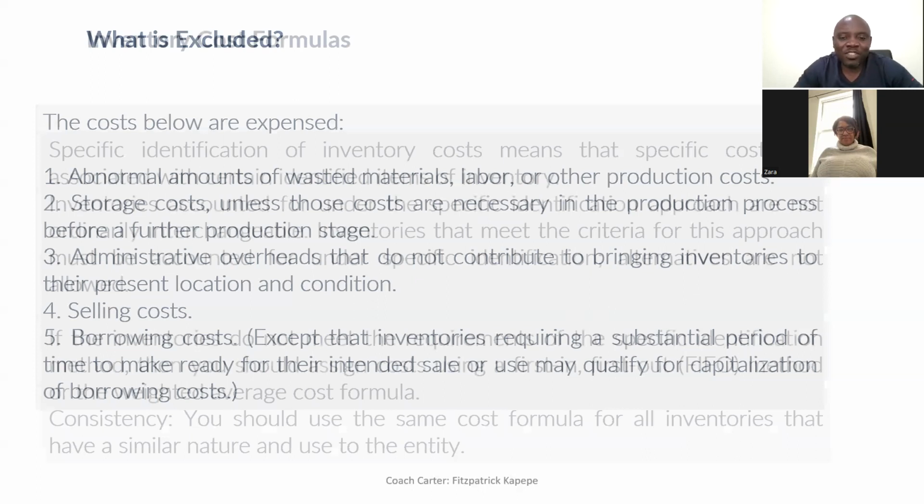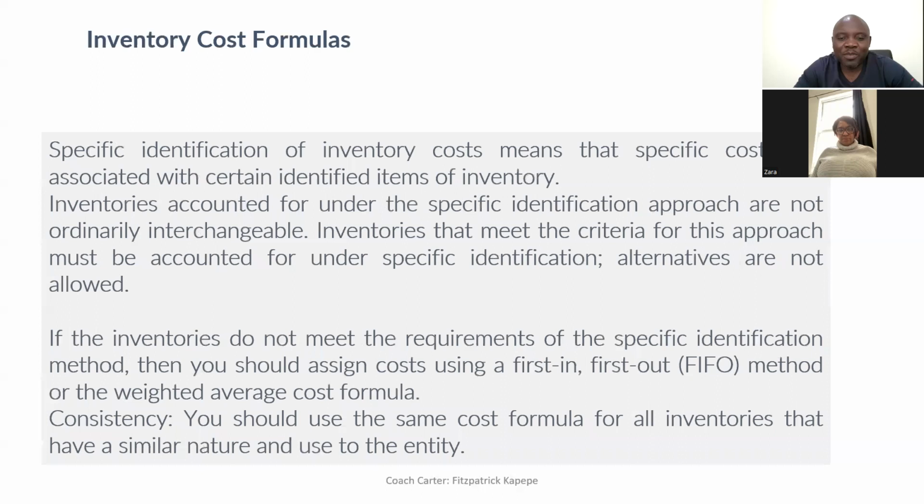So on the inventory cost formulas, specific identification of inventory cost means that specific costs associated with certain identified items of inventory will be specified. So inventory accounted for under the specific identification approach is not ordinarily interchangeable. Inventories that meet the criteria for this approach must be accounted for under specific identification.